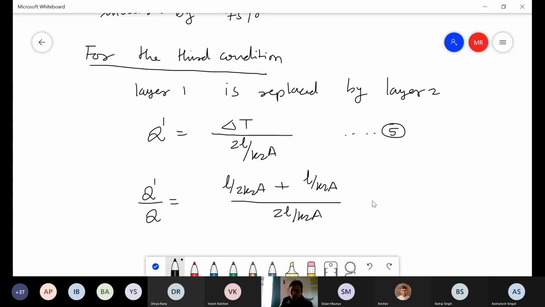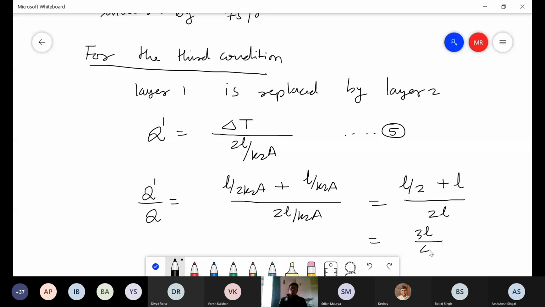Correct. So this K2 will get cancelled out. So what we will get is L by 2 plus L divided by 2L, isn't it? So this becomes 3L by 4L. So that becomes 3 by 4.